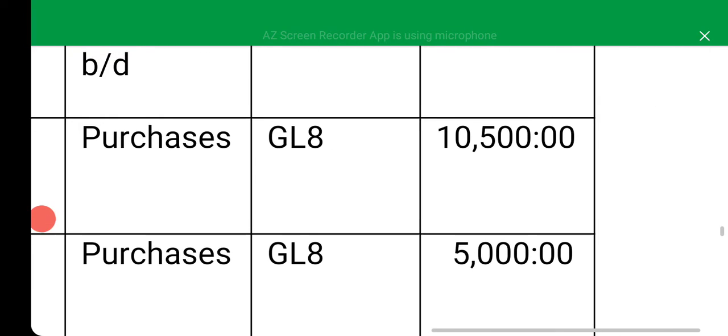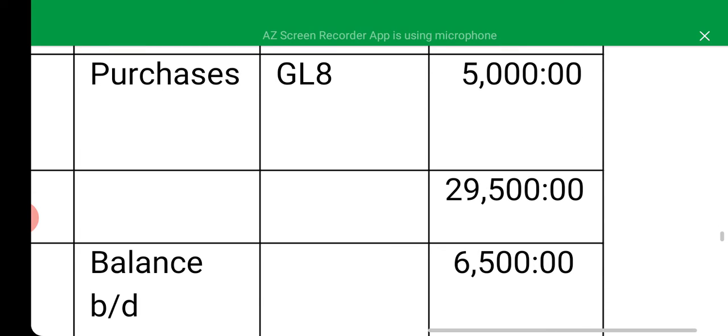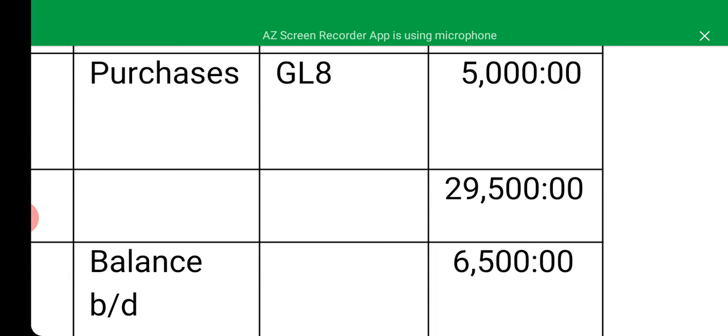The addition of 14,000, 10,500, and 5,000 gives 29,500.